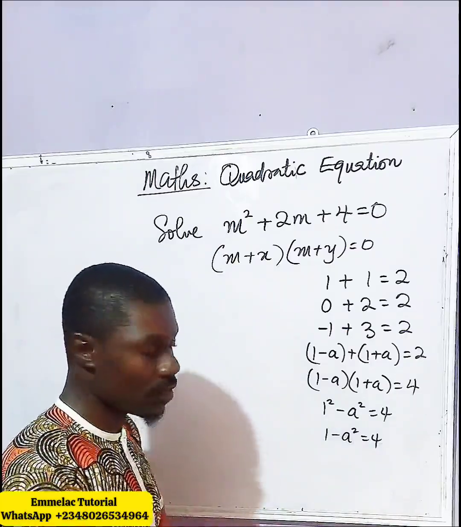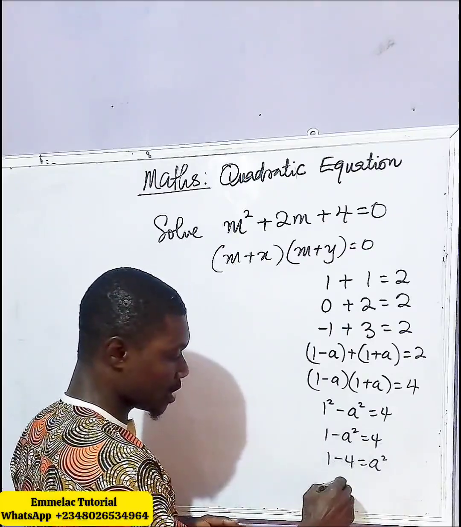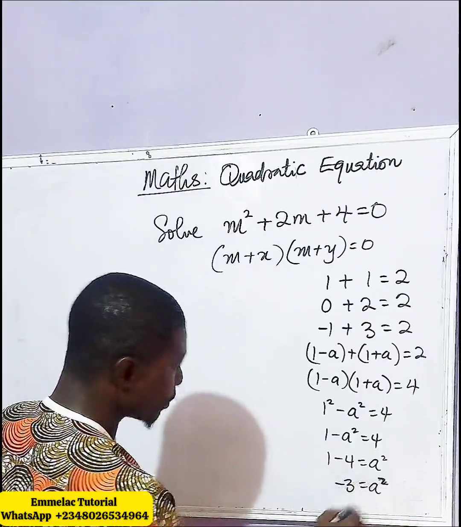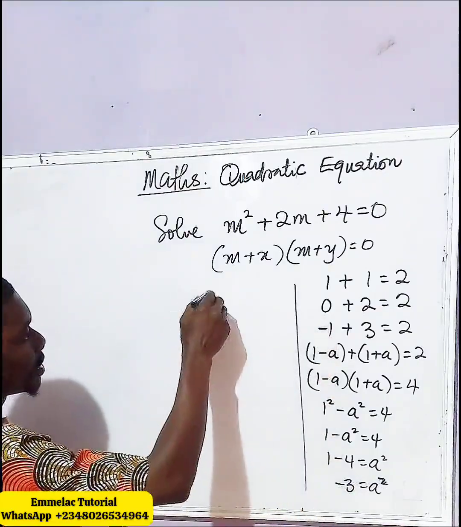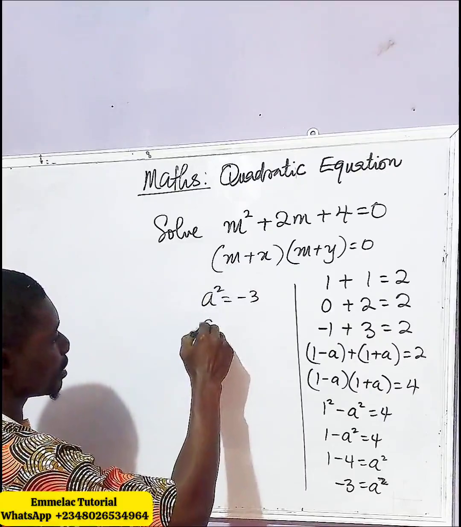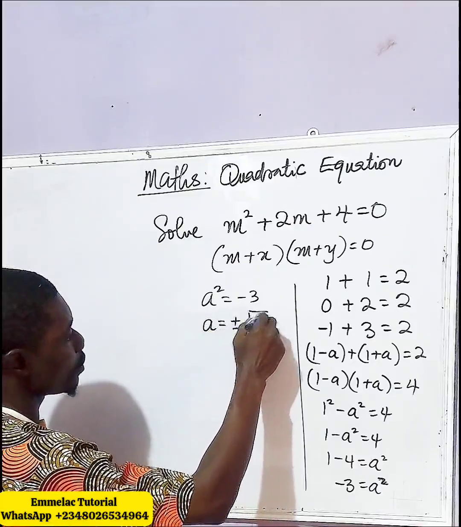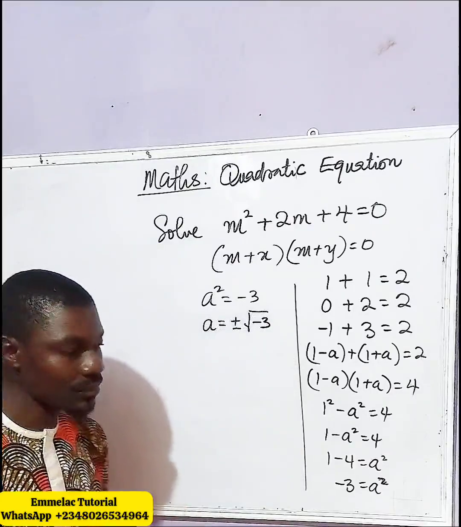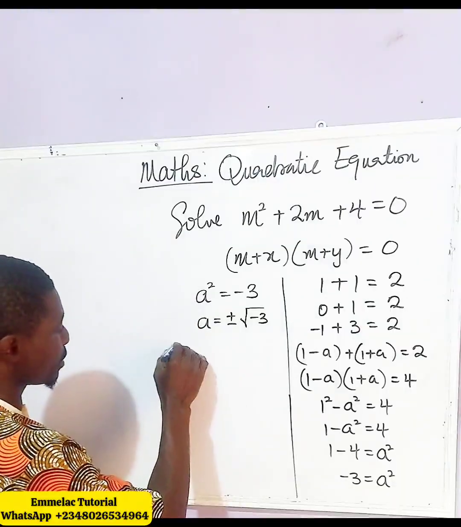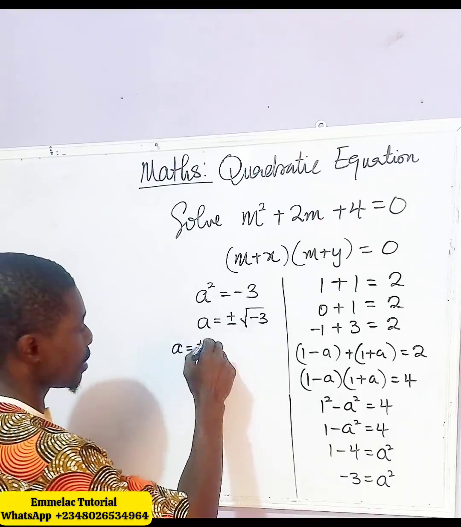Now making a squared the subject of the formula, we have 1 minus 4 equals a squared. This gives us negative 3 equals a squared, so rewriting it in the normal way, a squared equals negative 3. Taking the square root on both sides, we have a equals plus or minus the square root of negative 3.